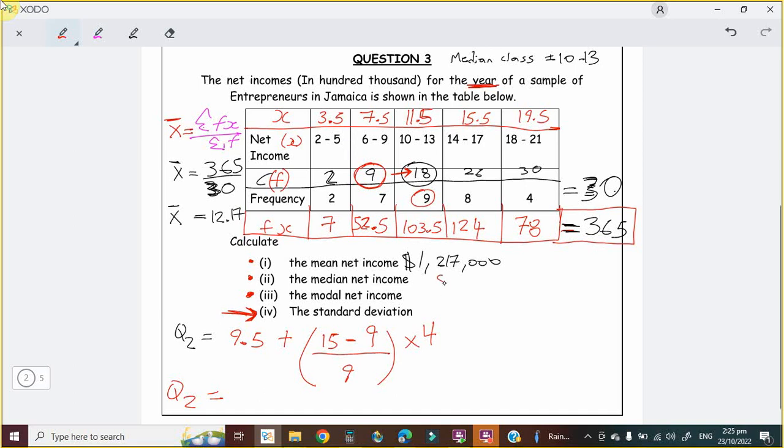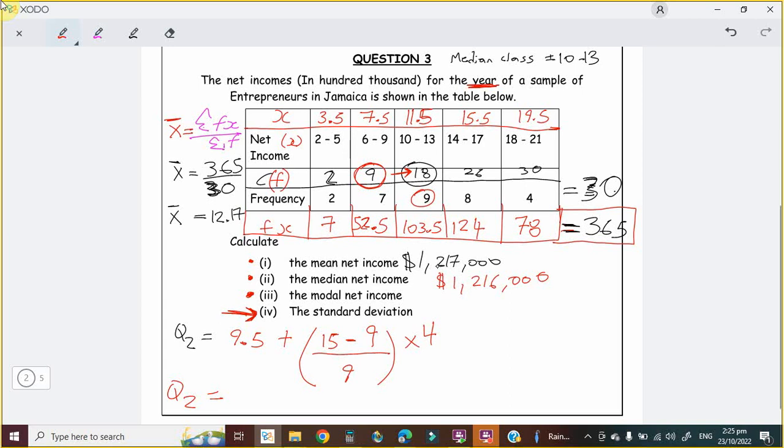12.16. So 12.16, how much is that now in 100,000? Very good. Notice the mean and the median are close together. And we started looking at skewness. Today we'll continue skewness. By the way, is this positively skewed or negatively skewed?